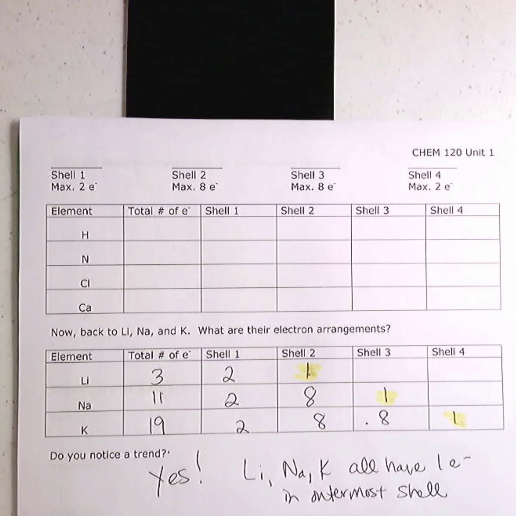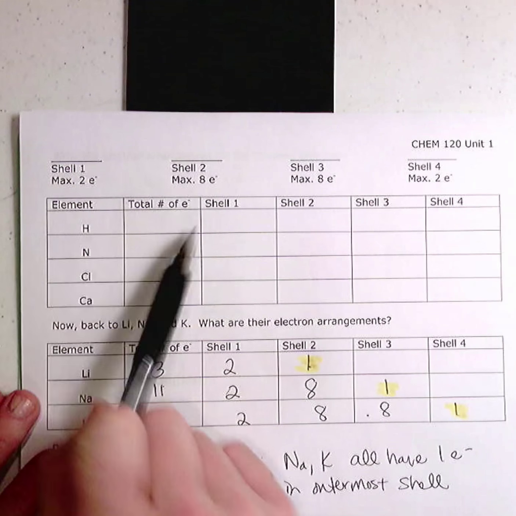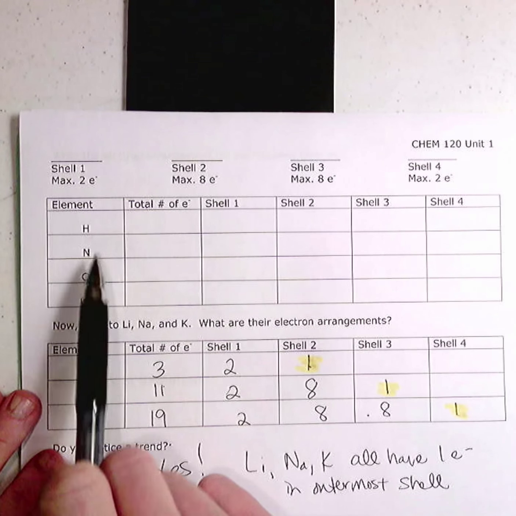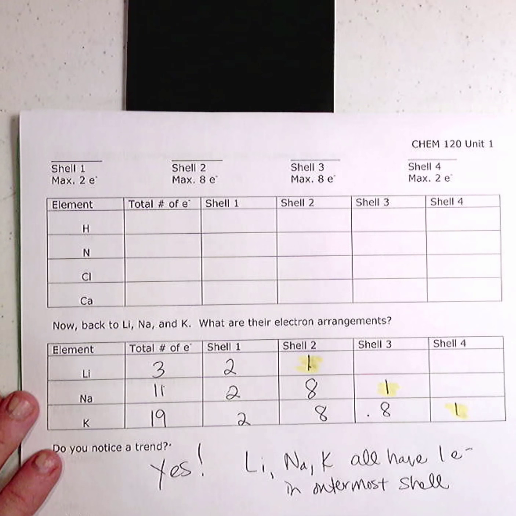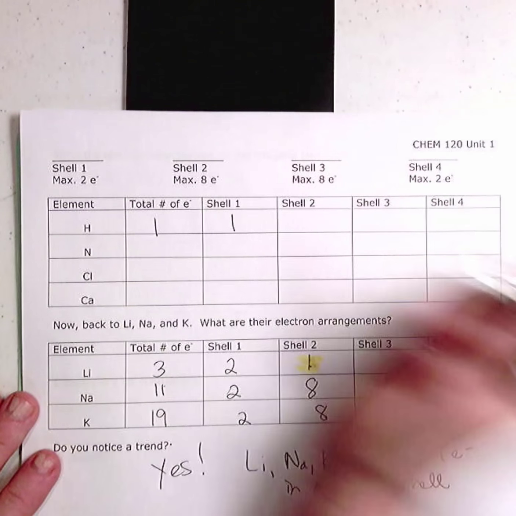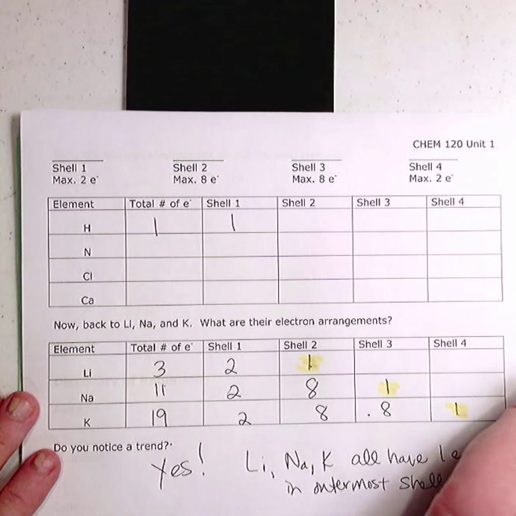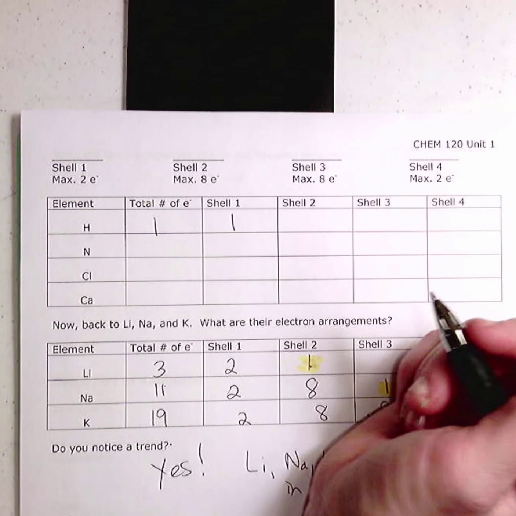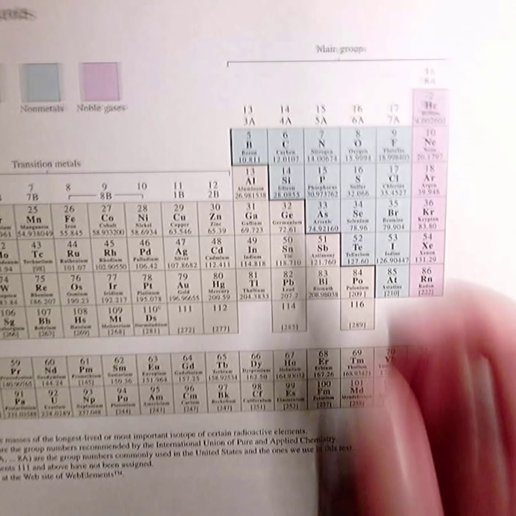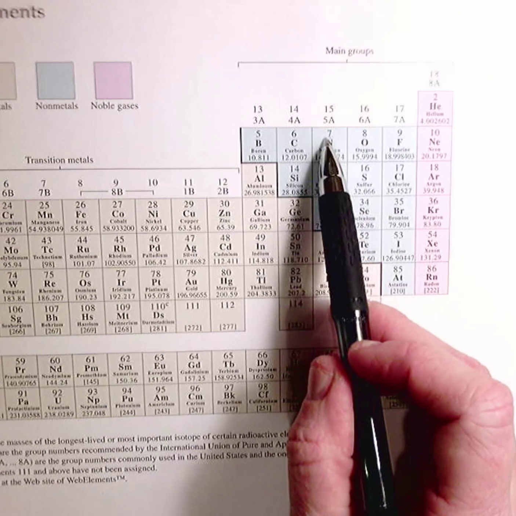Okay, so let's park these electrons for hydrogen, nitrogen, chlorine, and calcium. So hydrogen has 1 electron. It's just going to park 1 electron in shell 1. All right, nitrogen, when I look on the periodic table, has an atomic number of 7.